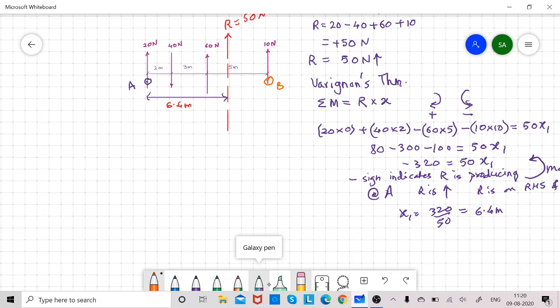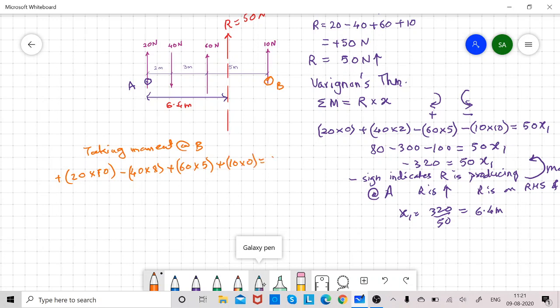So now taking moments about B, all clockwise positive, anti-clockwise negative: 20 into 10, because we are taking moment up to B, which is clockwise, so positive, minus 40 into 8, anti-clockwise, so negative, plus 60 into 5, again clockwise positive, plus 10 into 0, because the 10 Newton force passes through B.